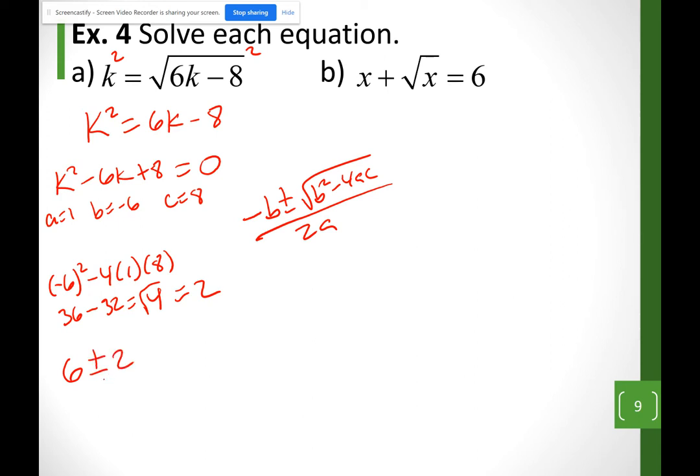Plus or minus 2, over 2 times a. If I use the plus sign, first, 6 plus 2, so it's 8 over 2. So that gives me 4. If I was to use the minus sign, 6 minus 2 is 4 on the top over 2. So I'm going to say my solution set is going to be 4 and 2.